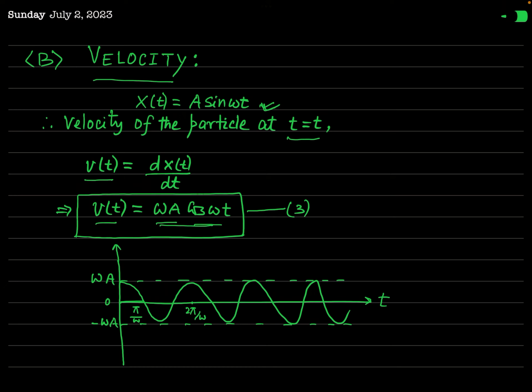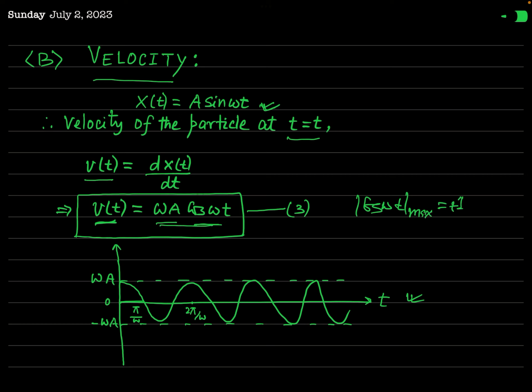Okay. So you can see this velocity actually varies in accordance with the cosine function. So the graph will be just the graph of cosine function, and the variation of velocity against time I have shown in this figure. You can see that the maximum of modulus of cos omega t will be equal to plus 1.